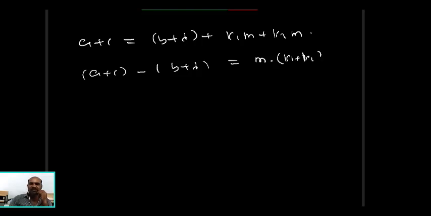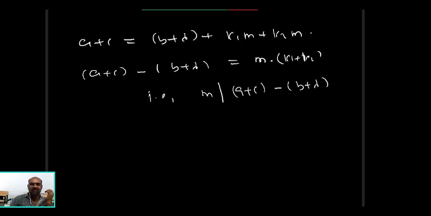A plus C minus (B plus D) is divisible by M, or M divides A plus C minus (B plus D). It is like L minus k equals M times some integer, so L minus k is divisible by M, a multiple of M, or M divides L minus k. It's some integer, k1 plus k2. So the meaning is that M divides A plus C minus (B plus D).